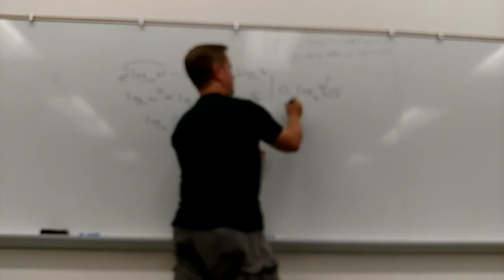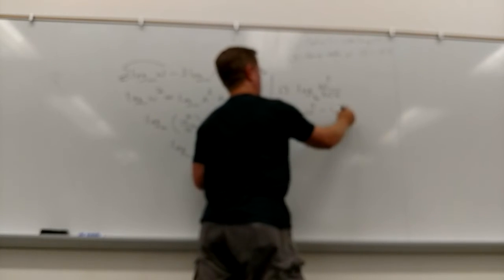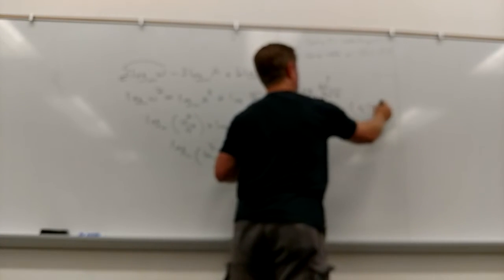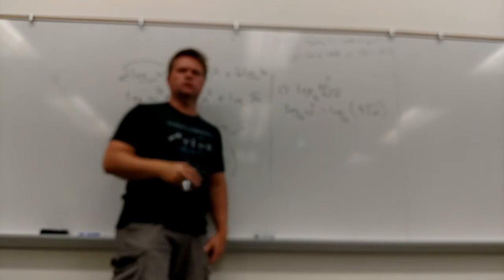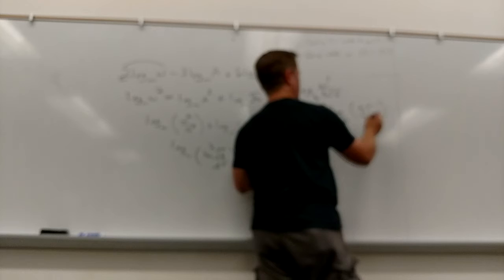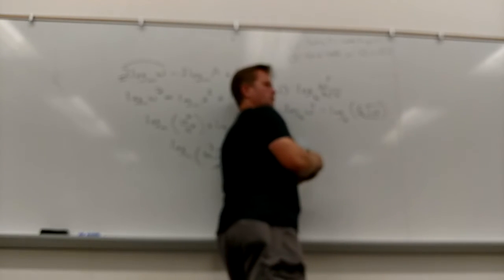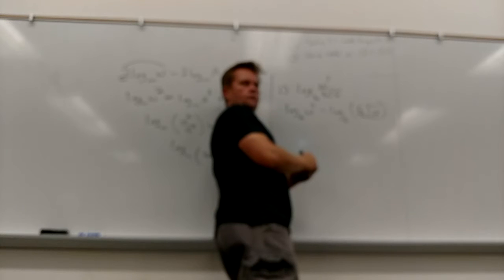Log base b of w to the third minus log base b of 5 square root x. All right. Okay, I can deal with that. What can I do with this here? Subtract.